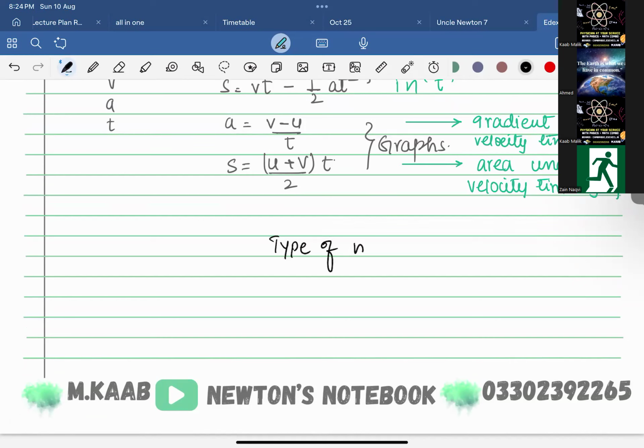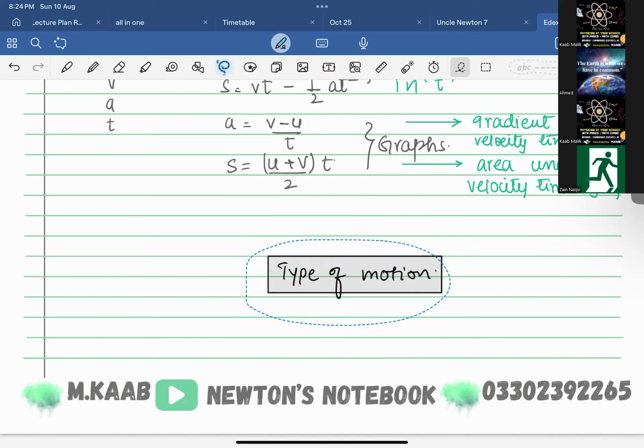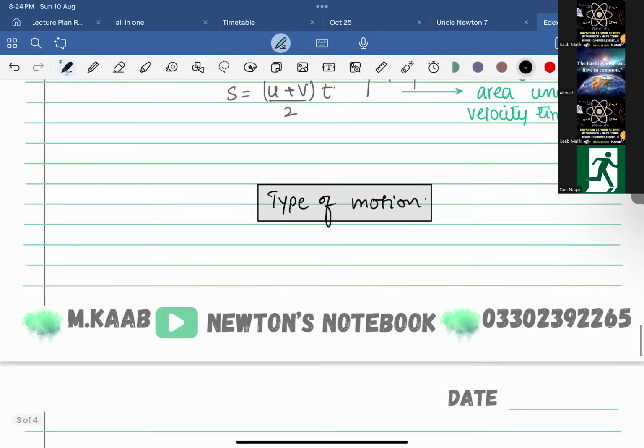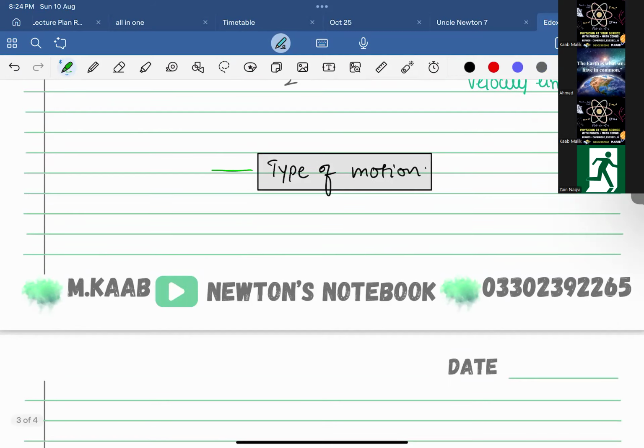Types of motion. We're going to have two motions: one is horizontal motion, the other is vertical motion, and the third is going to be projectile motion.